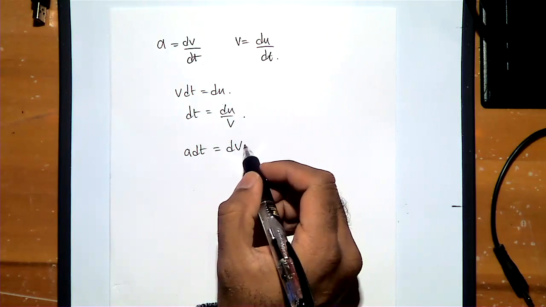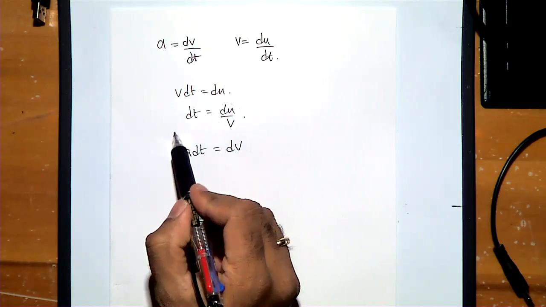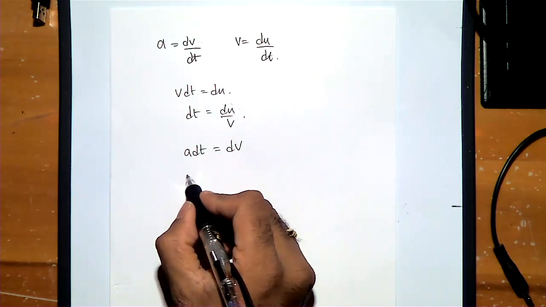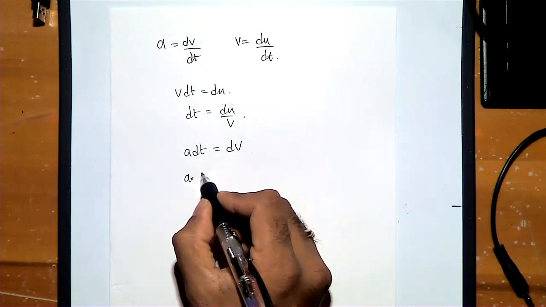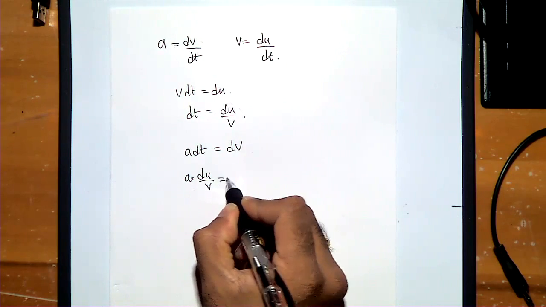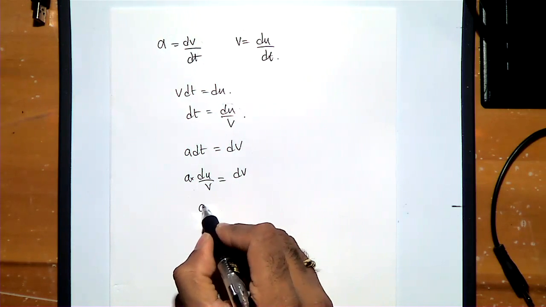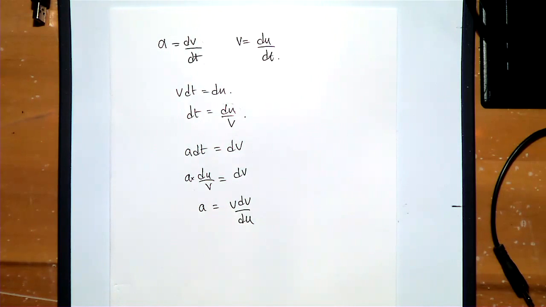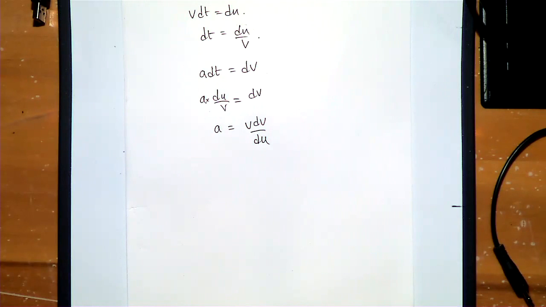So we're basically going to sub this equation into this equation here. So a times du over v equals dv. So a equals v dv du. Okay? So that's a relationship that links up acceleration, velocity, and displacement in one go.